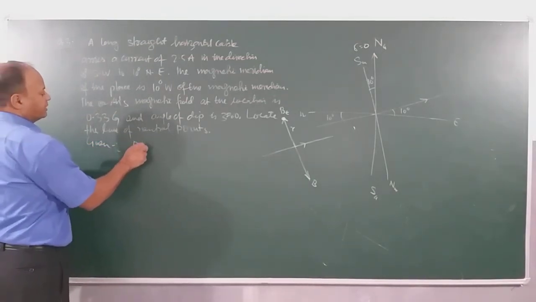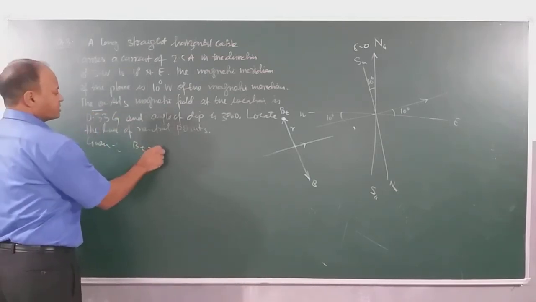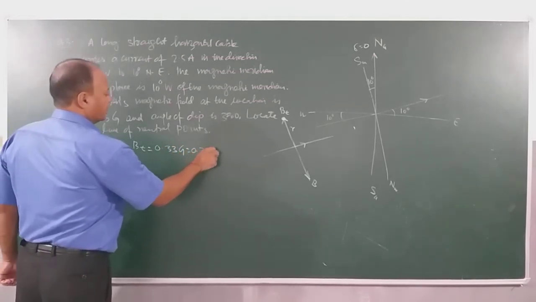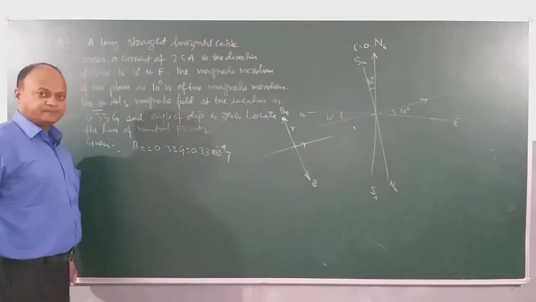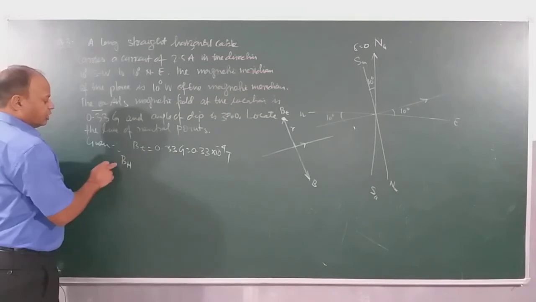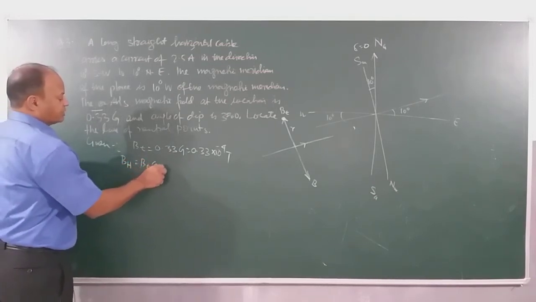So we will say, given Earth's magnetic field B is 0.33 Gauss, we convert to Tesla, and for converting to Tesla we multiply with 10 power minus 4. Clear? Now BH, the horizontal component of Earth's magnetic field, will be B cos delta.